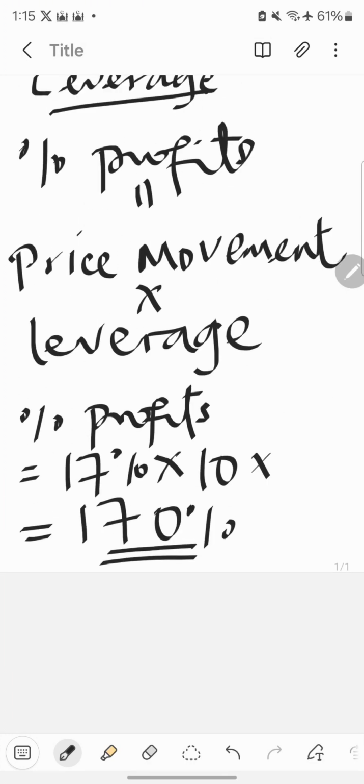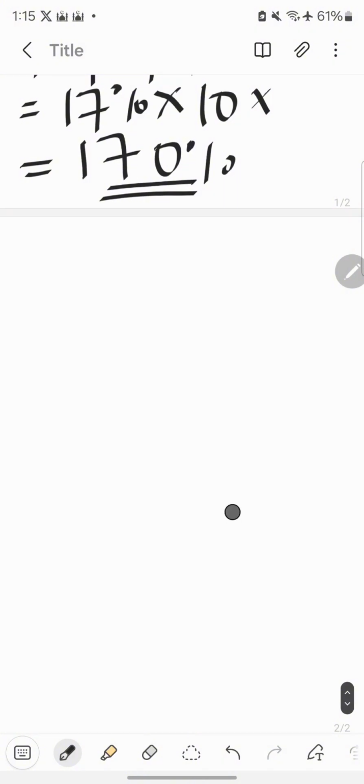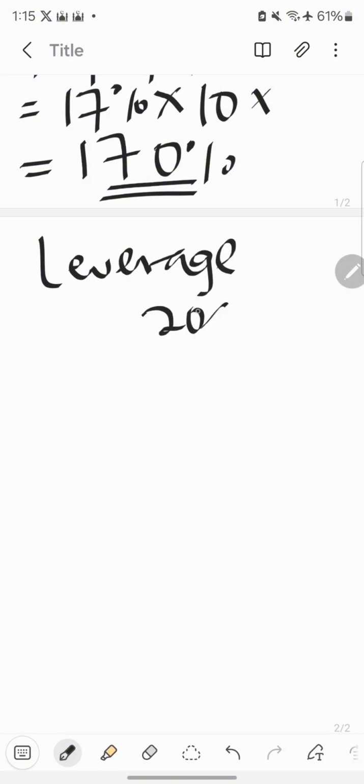Next page. Now let's say we have another trade with the same price move, and let's say we use a leverage of 20x.